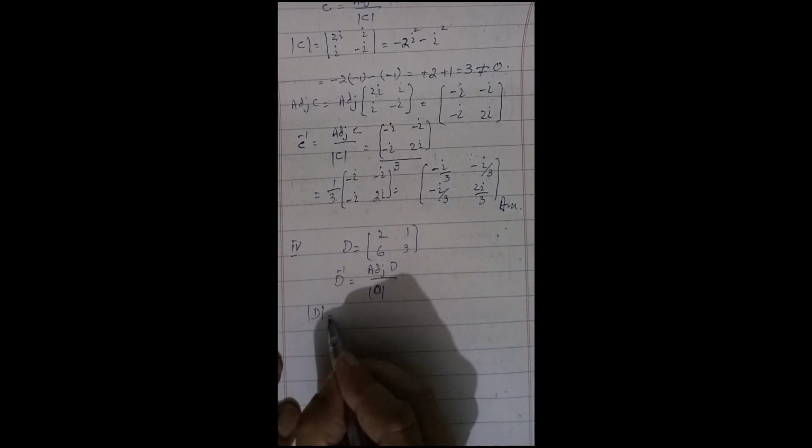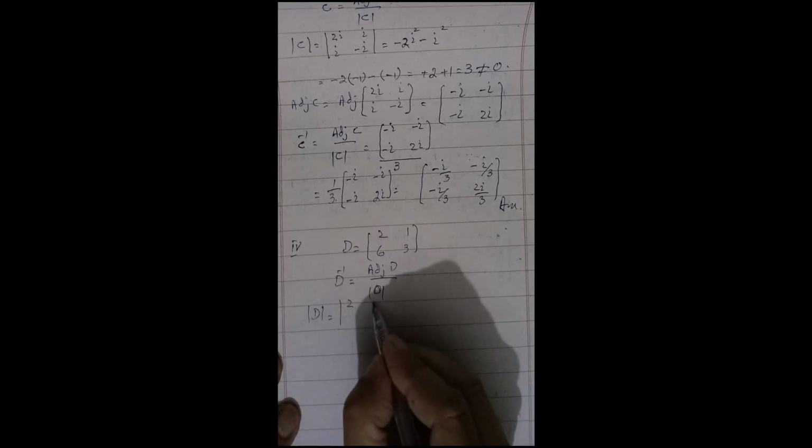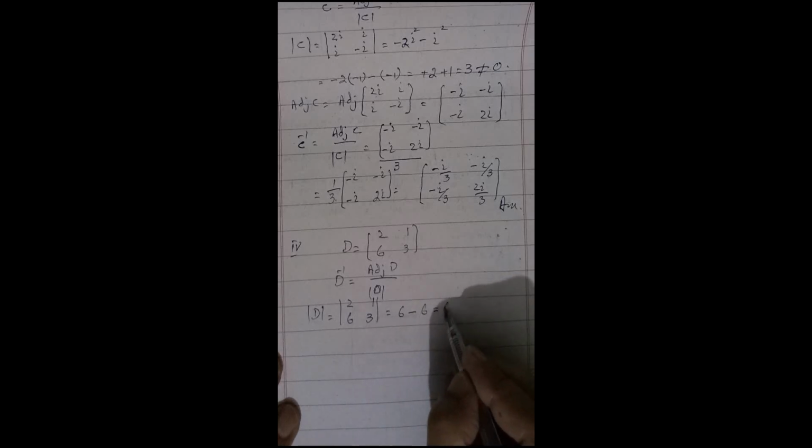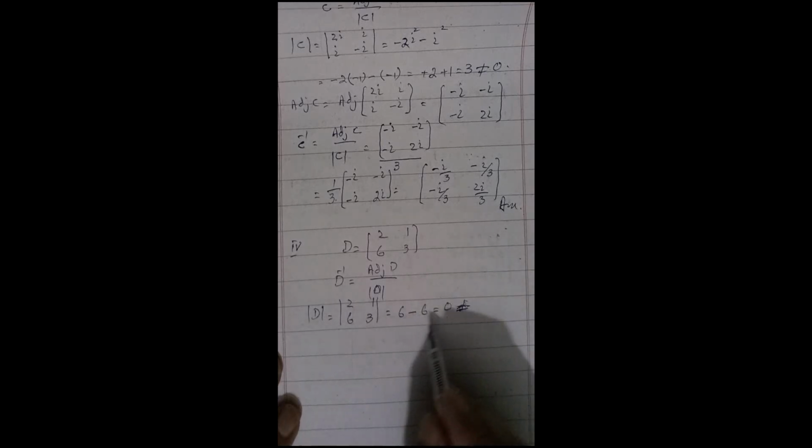D determinant is 2 times 3 is 6, minus 6 times 1 is 6. 6 minus 6 is equal to 0. And it is a singular matrix, and we cannot find its inverse.